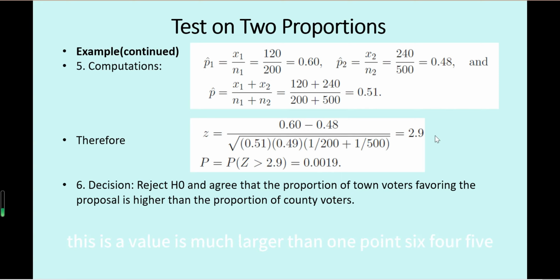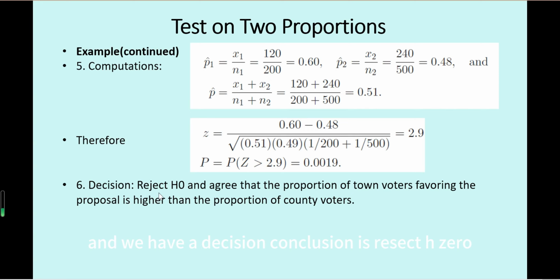So you can see this Z value is much larger than 1.645 and the p-value is much less than 0.05. So the test is very clearly significant and we have a decision.